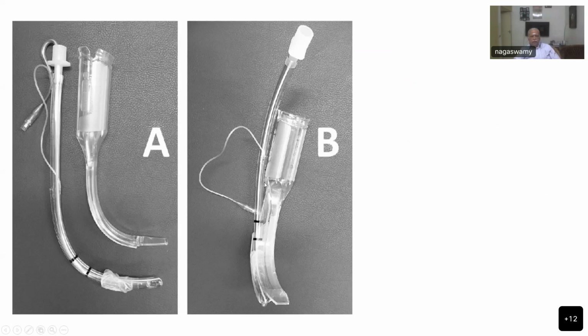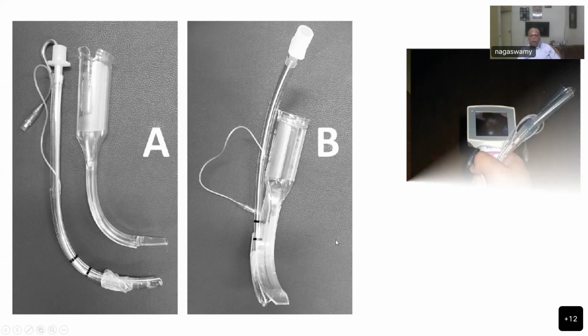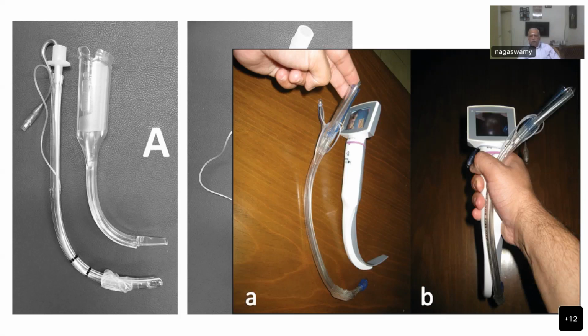Whereas the channeled blades have a provision to insert the tube as you are using the blade itself. Once you visualize the glottic opening, you can just push the tube along without the need for introducing it separately.